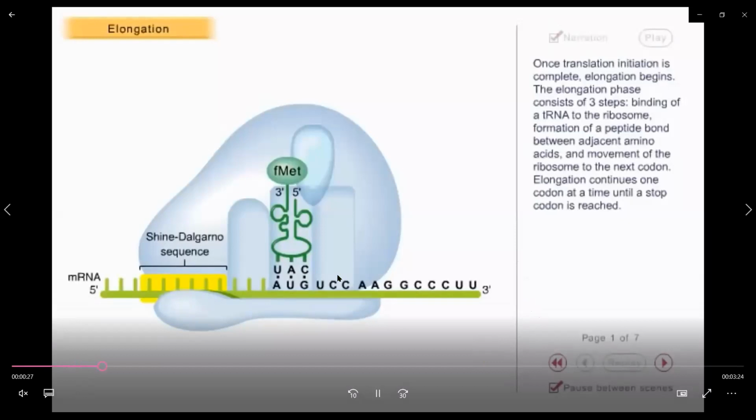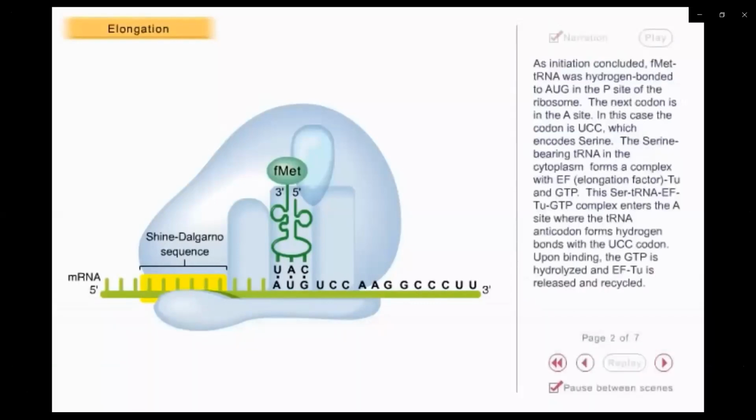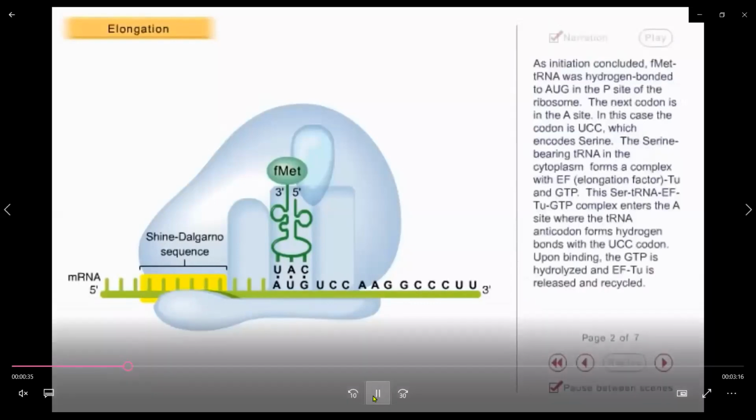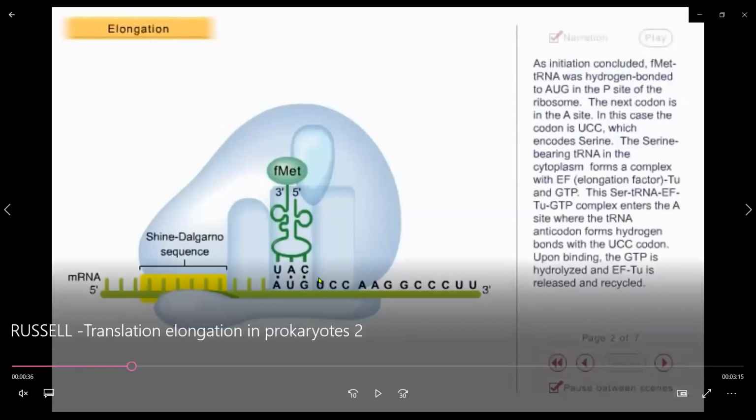And we have a new codon present in the A site, as you can see from this picture. This particular codon codes for serine.